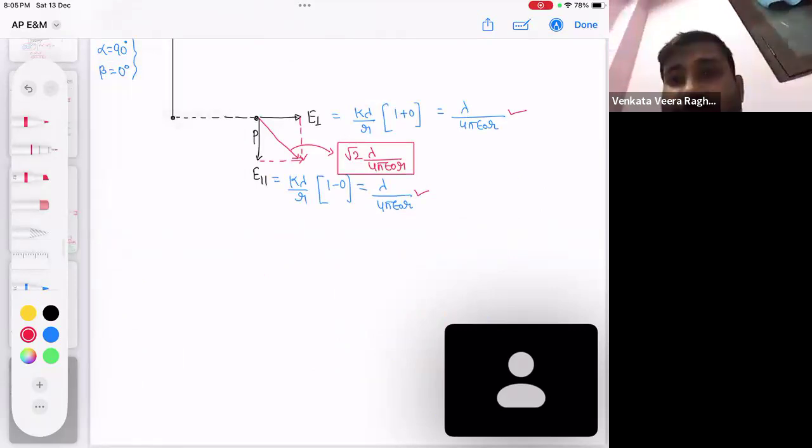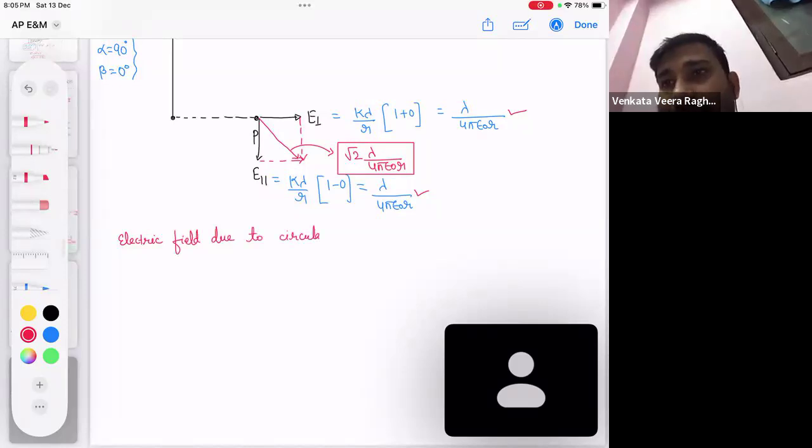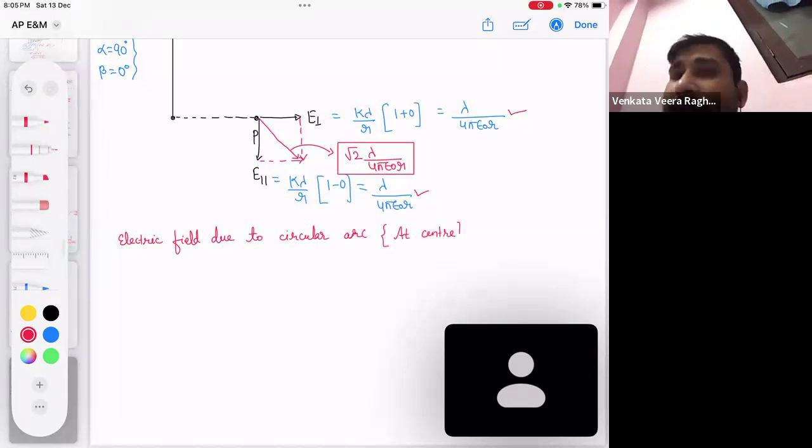So the next one we have is the electric field due to a circular arc. But here we are going to calculate at the center, the arc center.